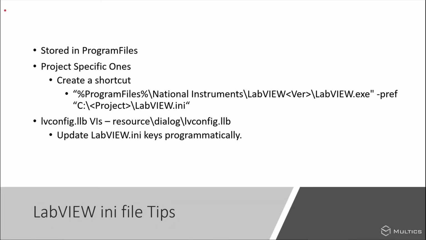If you create a shortcut or a batch file which allows you to do this within your project, that means that you can have your own settings for your project. And more importantly, you can then check that into source code control, which means that your settings are always the same. So things that you care about are already configured properly, if you like. And there's also an API which is exposed by Darren Nattinger.